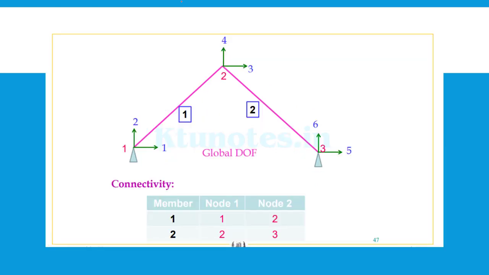So these will be the global degrees of freedom: 1, 2 at the left side, 3, 4 at the tip, and 5, 6 at the right end.